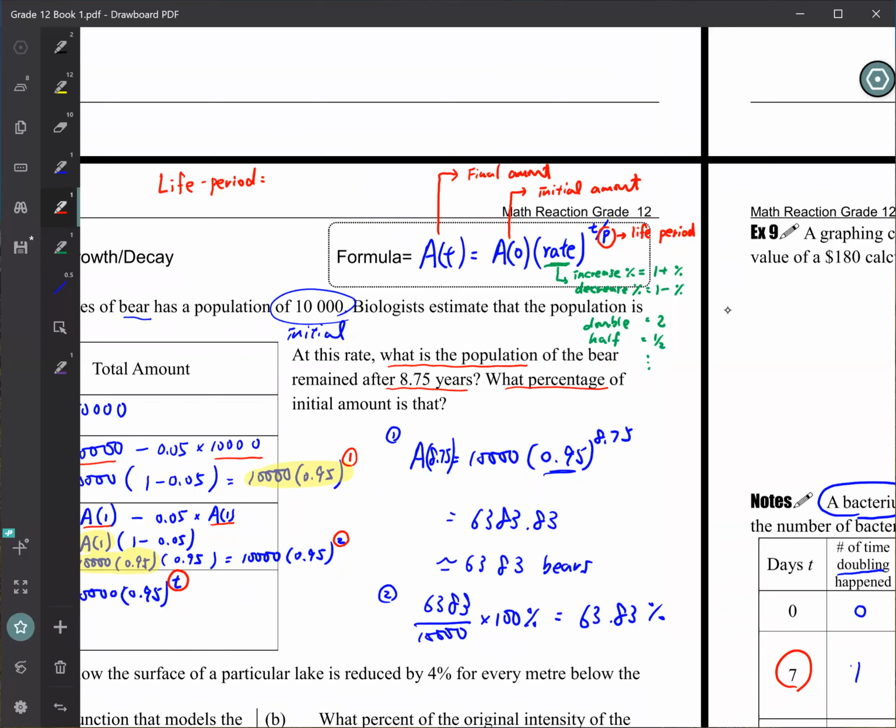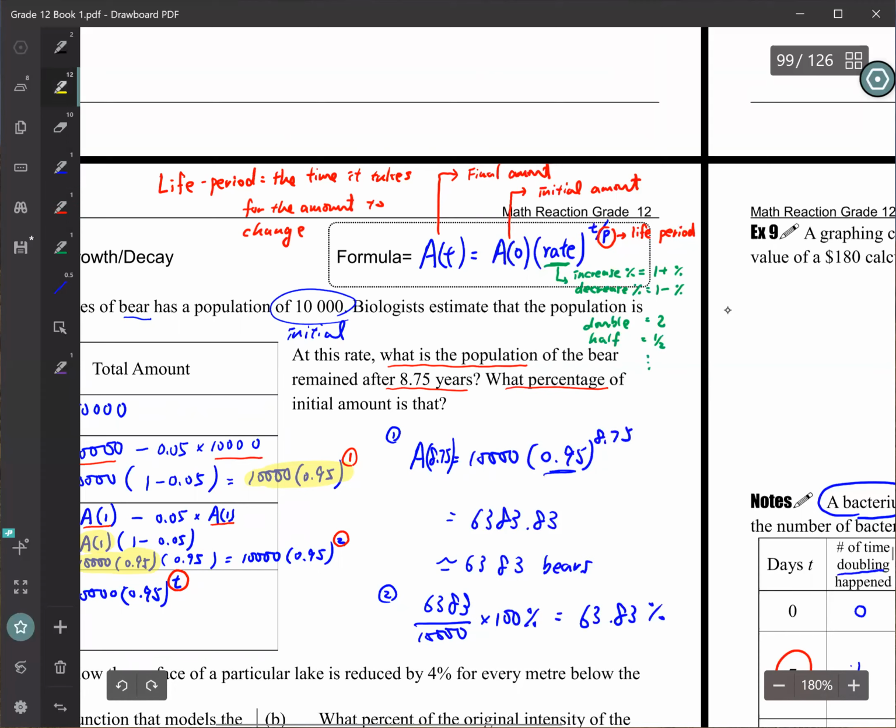So life period means the time it takes for the amount to change.